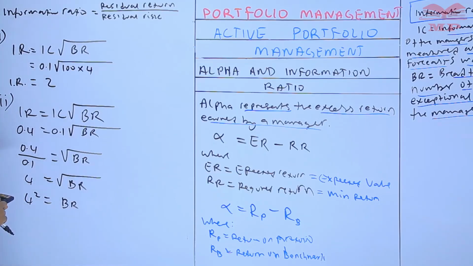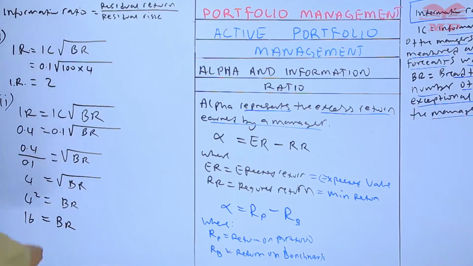We get 16. So 16 represents the breadth of the market, meaning 16 stocks are needed to satisfy our condition of having the information ratio be 0.4.